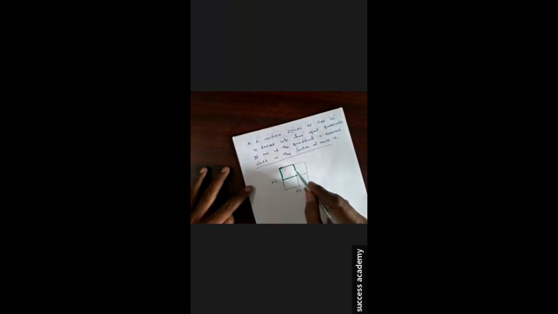So here we are taking the concept as removal of a part. In the case of shifting the center of mass, if you don't know the mass, we need to take mass is directly proportional to area.